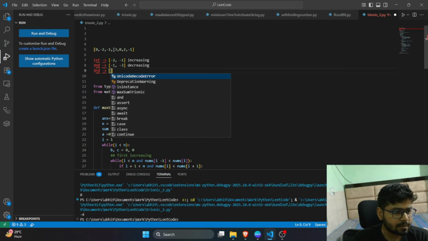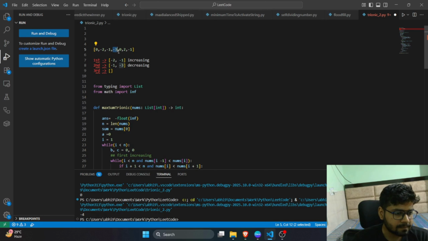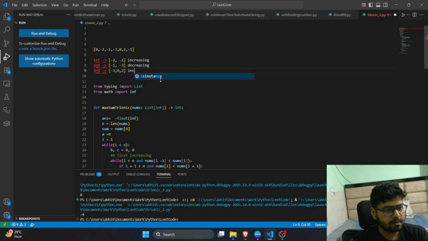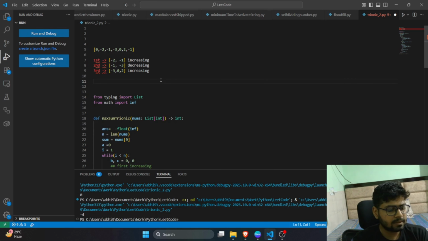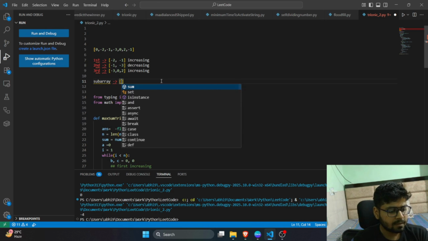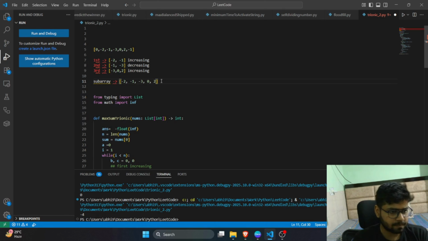After that we look at -3 to 0, it's increasing. Then to 2, it's increasing. Then -1, it suddenly decreases, so we will not consider -1. We'll just take these, which are increasing. The subarray that we get from all of them is -2, -1, -3, 0, and 2.